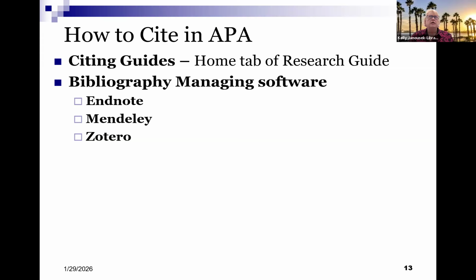I think Zotero is Firefox. I don't know which one Mendeley is. EndNote is more of a software, but we have it. We also have citing guides, and that's on that tab on the homepage of the research guide for PPA. At the bottom, it talks about the citing guides that we have. We have more specific ones, but I think I gave you the best stuff in that box.